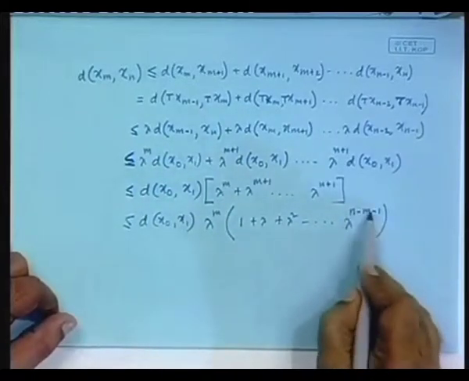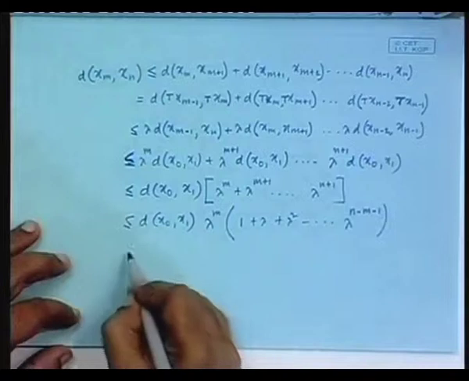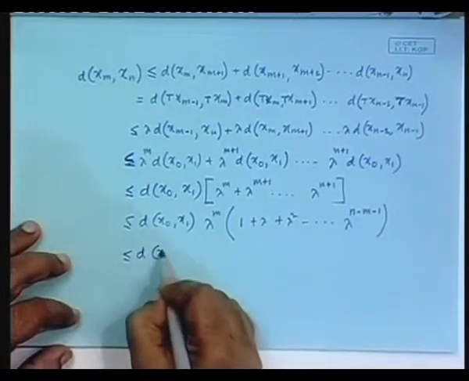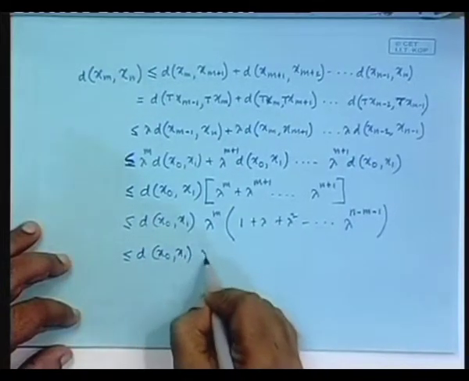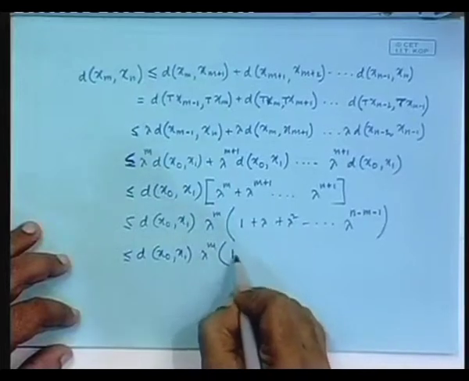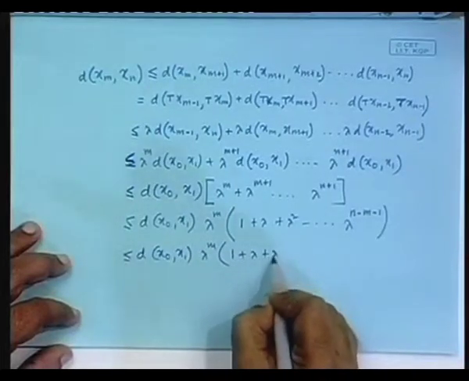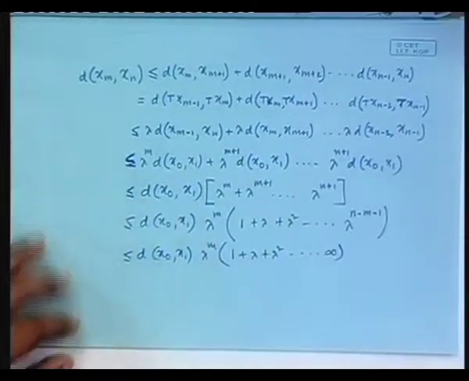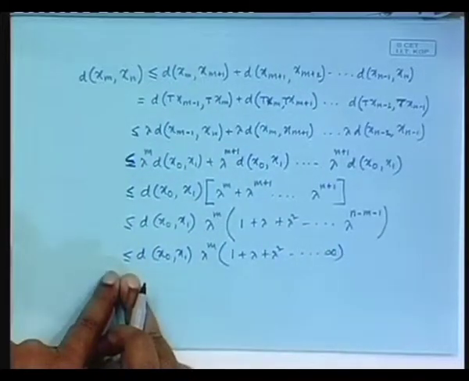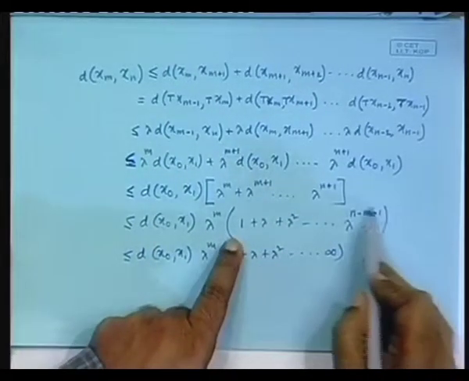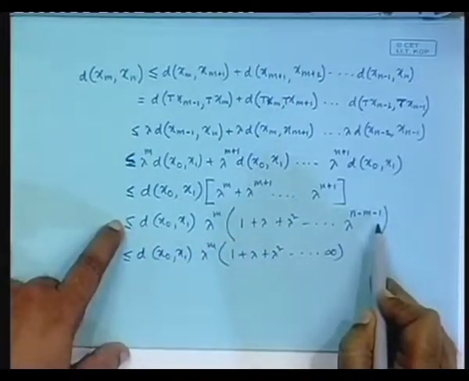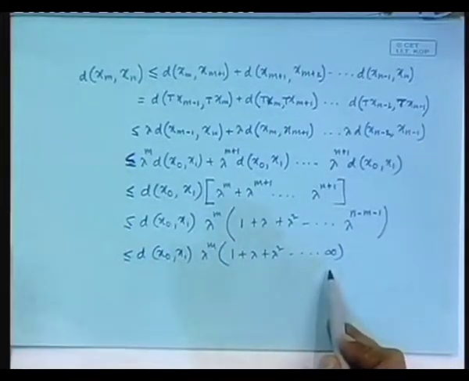This term is not very important, because in the next step we will say this must be less than something. If up to this point it is less than, then we can easily add up to infinity and say that it is still less than that.